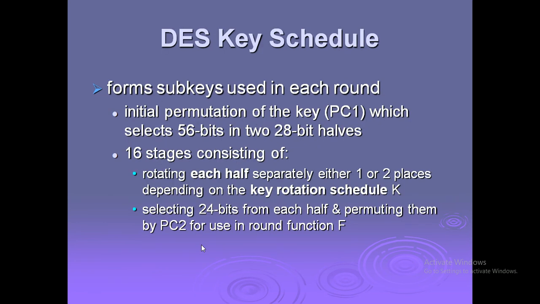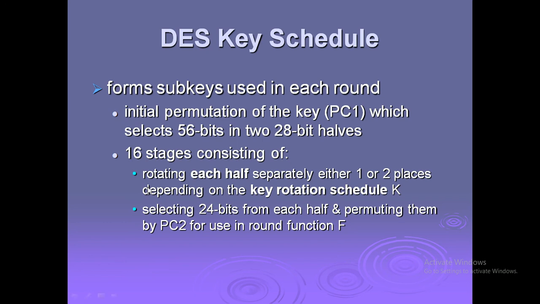Key schedule. It forms the subkeys used in each round. The initial permutation of the key, PC1, selects 56 bits into two 28-bit halves. There are 16 stages, each producing a subkey for each round, as there are a total of 16 rounds in the encryption process.